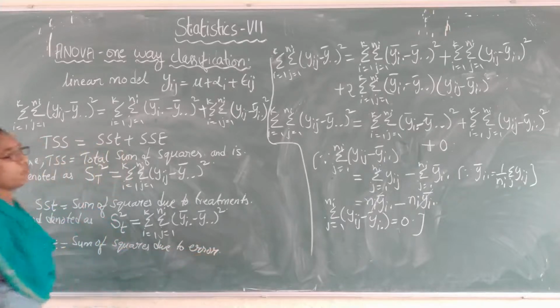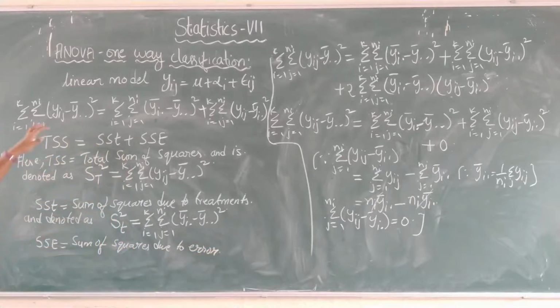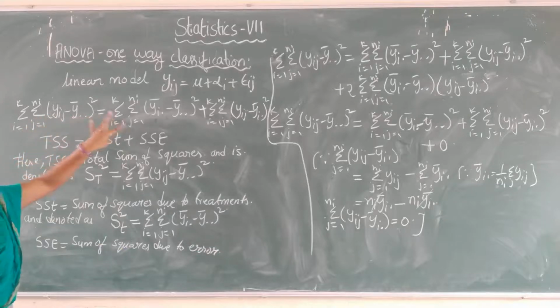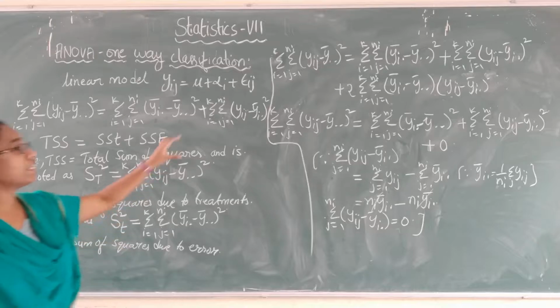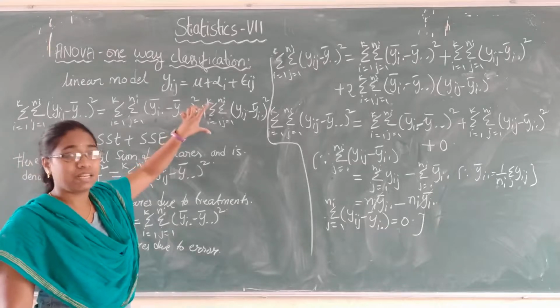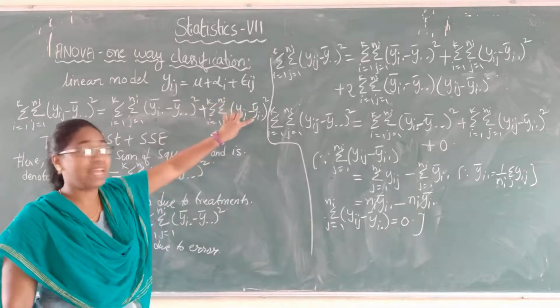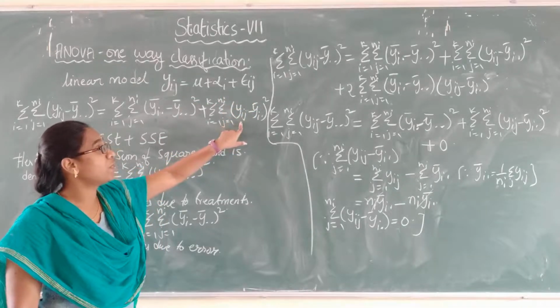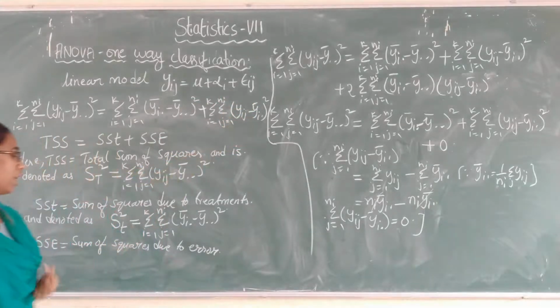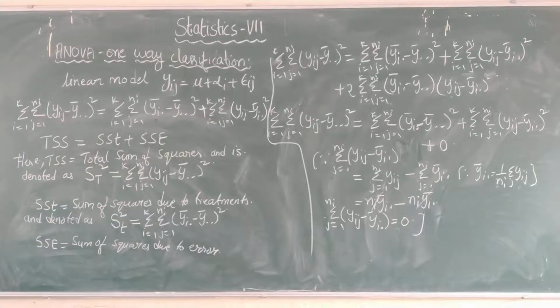So always the error is the remaining value; here it is a total, here it is a treatment. Whatever left out term we are getting, that is called the error here. So here we have the sum of the squares of the error value, that is the observed value minus the ith mean value, which is denoted as the error sum of squares or sum of squares due to error.